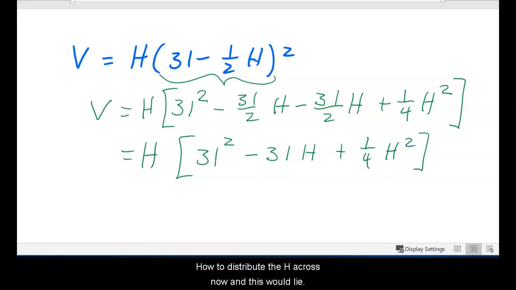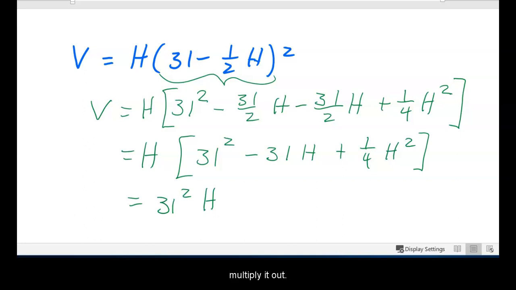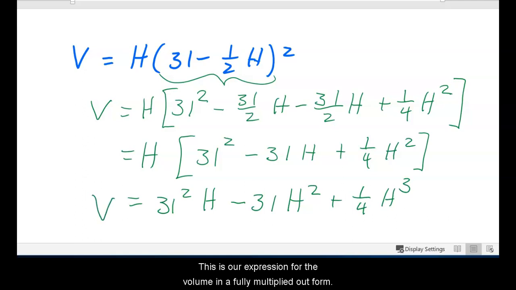I can distribute the h across now, and this would lead to 31 squared h, which, yes, if you have a calculator, go ahead and multiply it out, minus 31h squared plus 1/4 h cubed. This is our expression for the volume in a fully multiplied out form. Again, this is optional. You could have gone ahead and used the product rule and the chain rule.